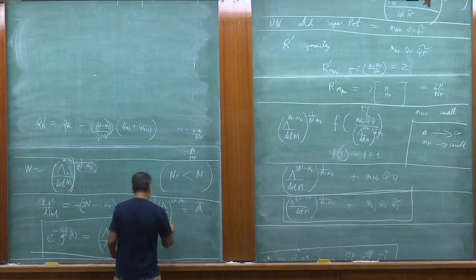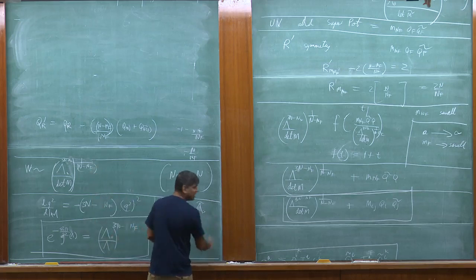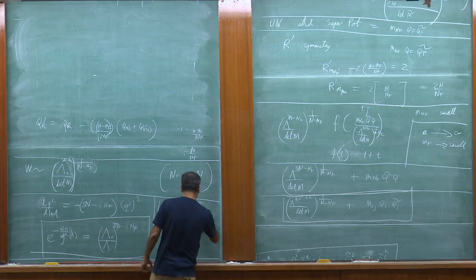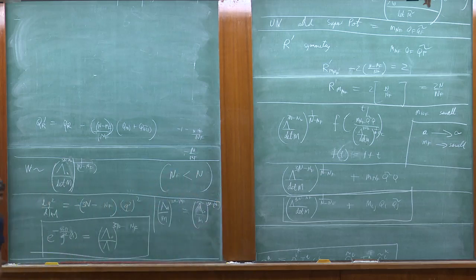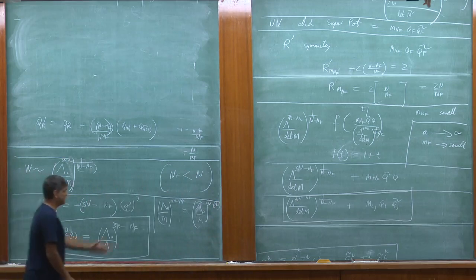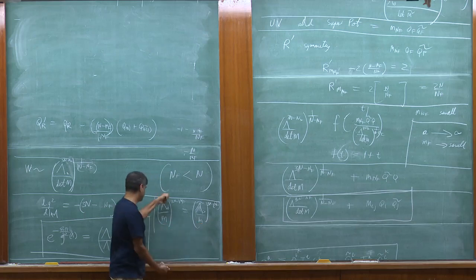Lambda naught by m to the power 3n minus nf should equal lambda tilde naught by m to the power 3n minus nf minus 1. Right, because this is the running coupling formula at scale m for the lower theory, and this is the running coupling formula at scale m for the higher theory.